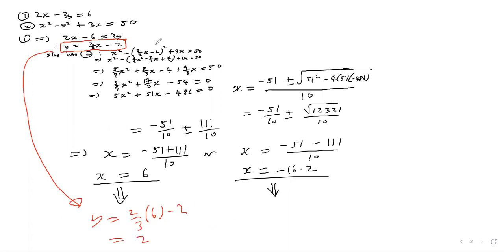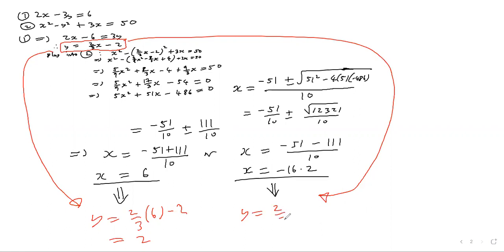And then for this one, we plug our x value in: y equals 2 over 3 times negative 16.2 minus 2. I'll put this into my calculator: 2/3 of negative 16.2, take away 2. So I get minus 12.8.